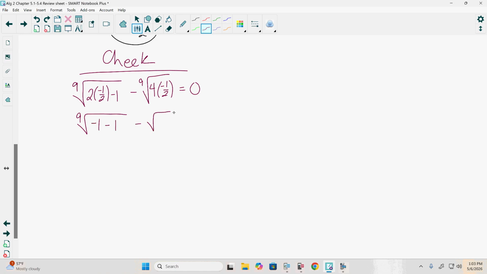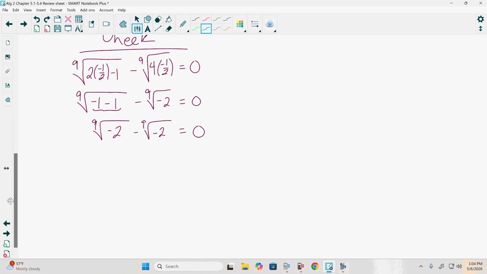We still have the minus 1. 4 times our negative 1/2 would be negative 2. Our negative 1 minus 1 is going to be negative 2. Leaving us with the 9th root of negative 2 minus the 9th root of negative 2. They are like radicals. 1 minus 1 is 0.